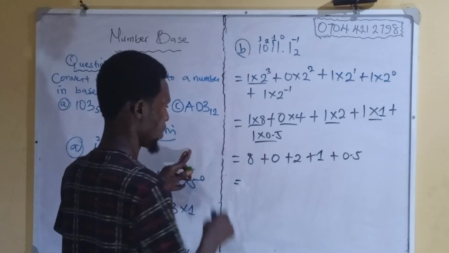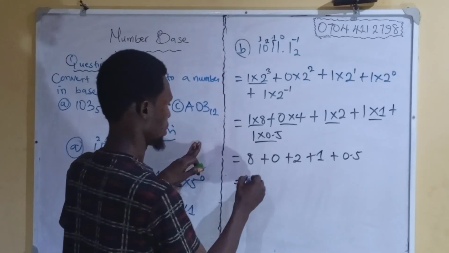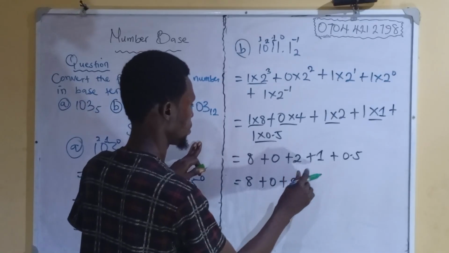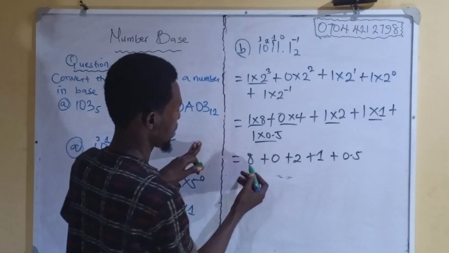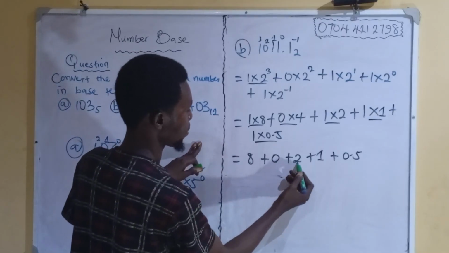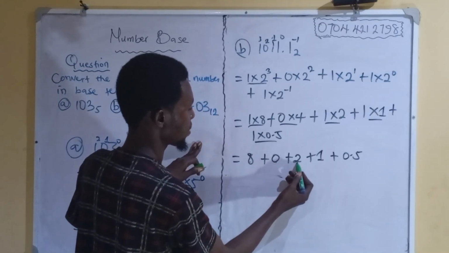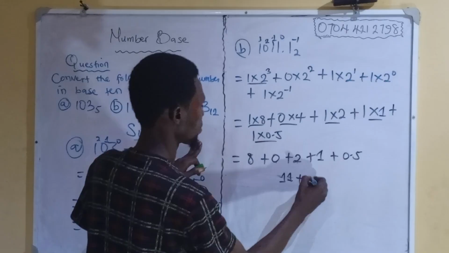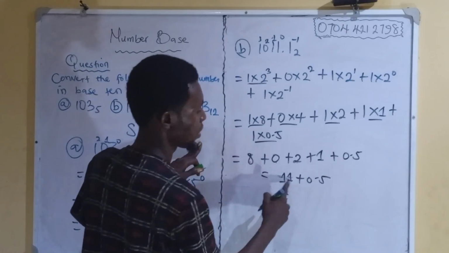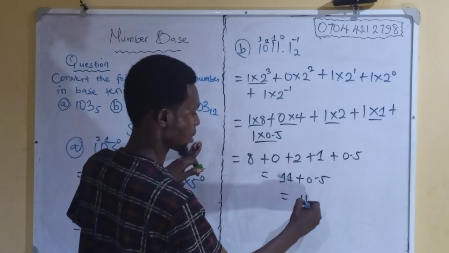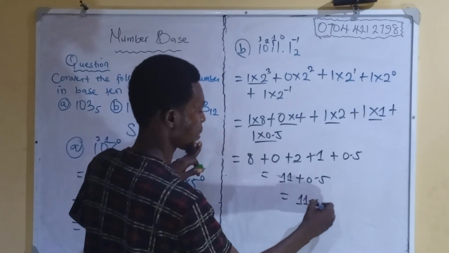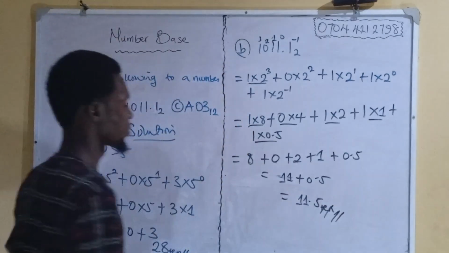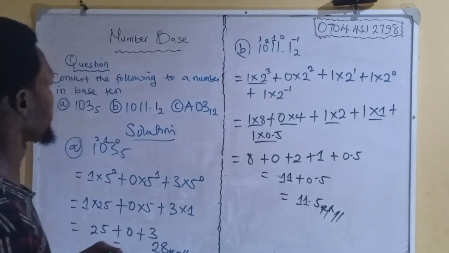Then you have 8 plus 0 plus 2, 8 plus 0 is 8, plus 2 is 10, plus 1 is 11, so you have 11 plus 0.5, and 11 plus 0.5 is 11.5, and this is in base 10.